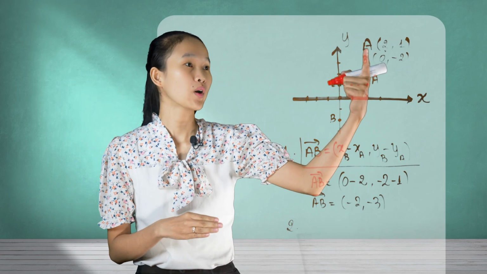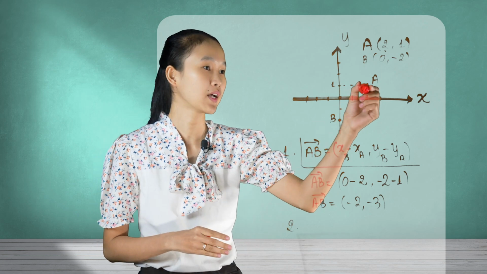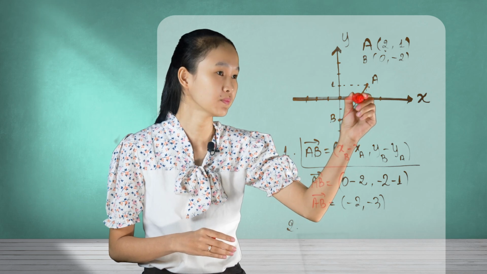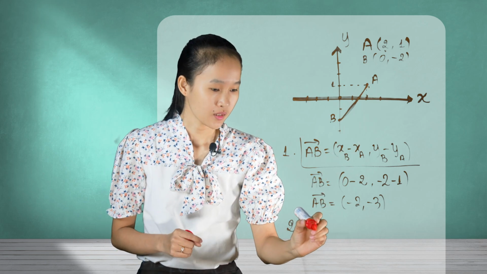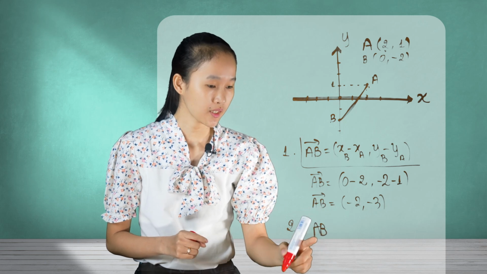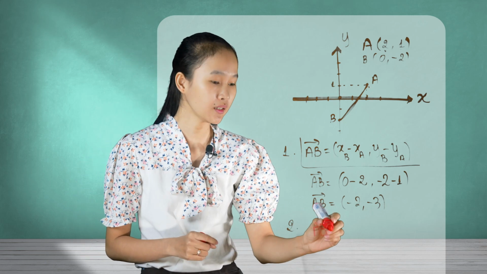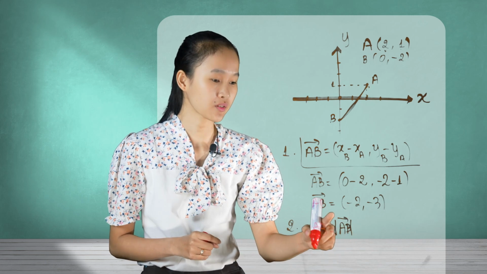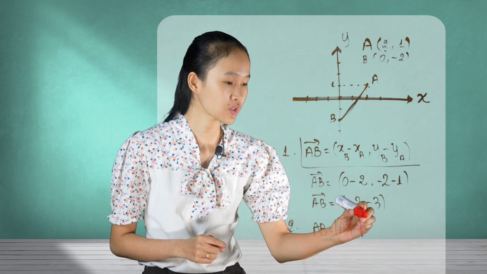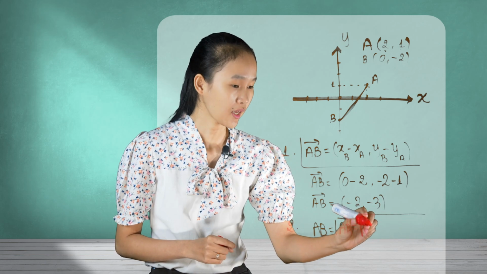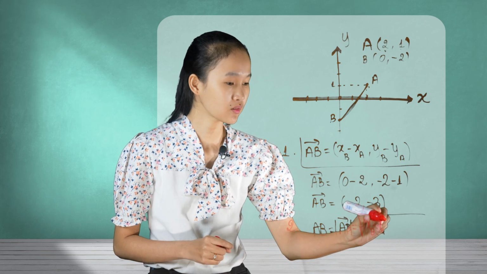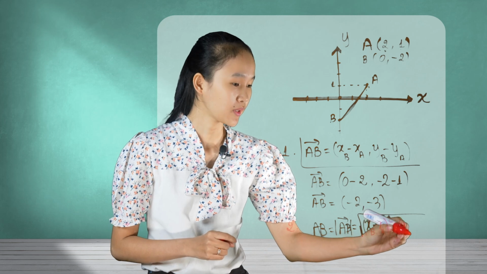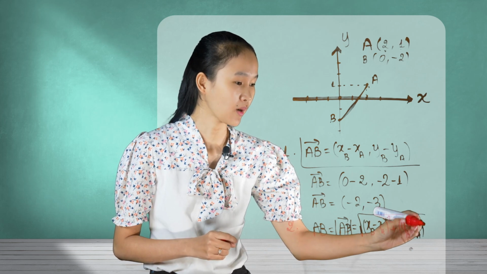If you have point A and point B here, and you want to find the distance of these 2 points, the distance is denoted by AB, or the length of vector AB, equal square root of (xb take away xa) to the power of 2 plus (yb take away ya) to the power of 2.